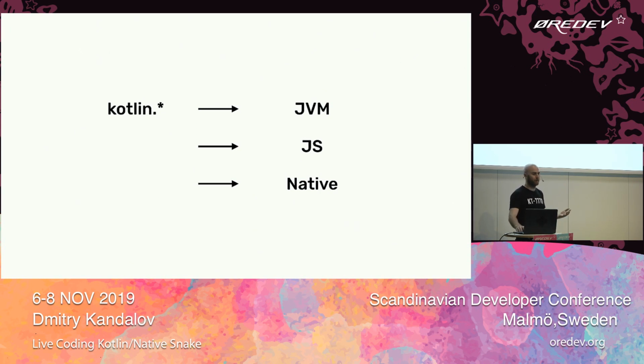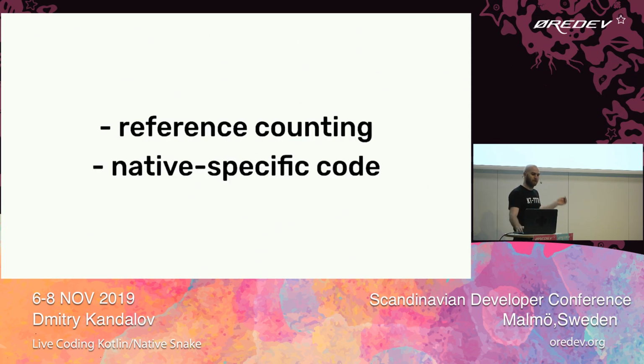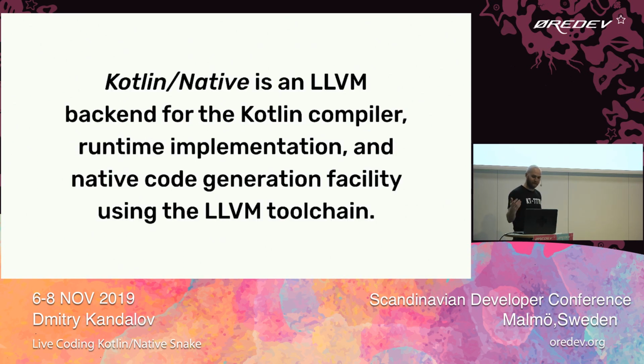That's the whole standard library for Kotlin. In Native, there is also reference counting and native-specific code. So hopefully this definition is a bit more meaningful. It's an LLVM backend, which uses LLVM, of course, and there is a platform implementation, a set of libraries, to compile Kotlin into native.